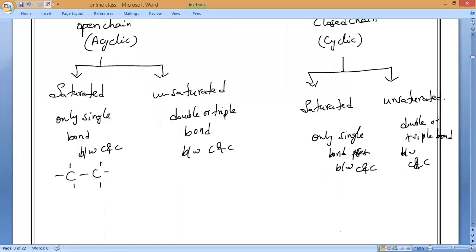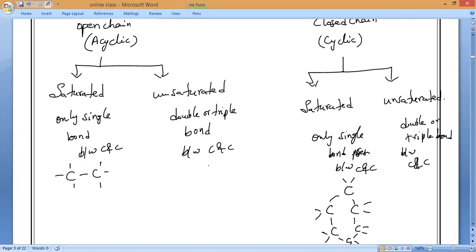Here also the same. If it is a closed chain, the carbon must have single bonds, then only it is called saturated cyclic compounds. Always the carbon has what, guys? Single bond.